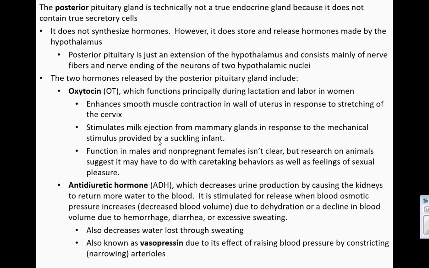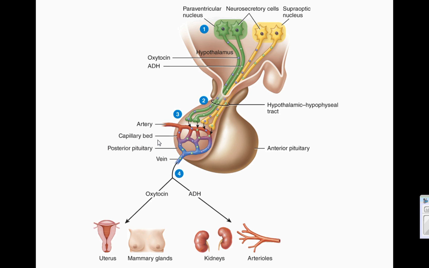And you can see that here on the next page with these neurons, which we call neurosecretory cells because they secrete hormones. The cell bodies are located up in the hypothalamus. The axons run down into the posterior pituitary. And the hormones that were produced back up in the hypothalamus are released in the posterior pituitary.